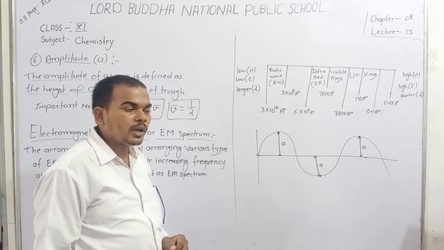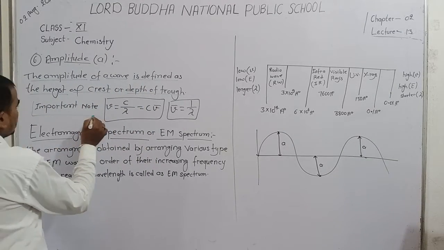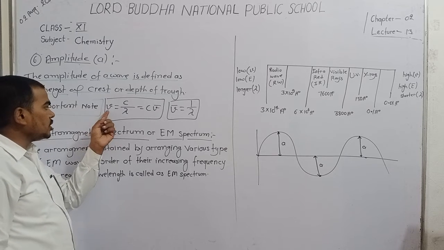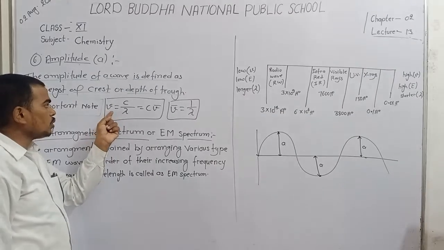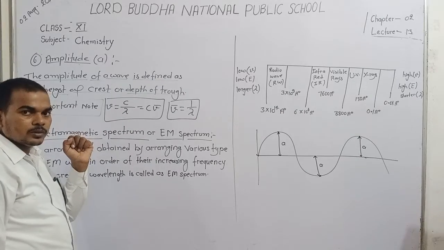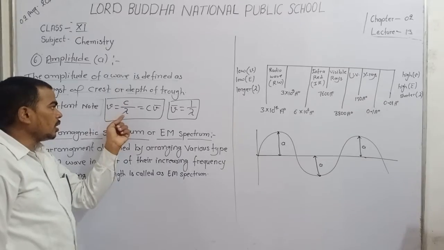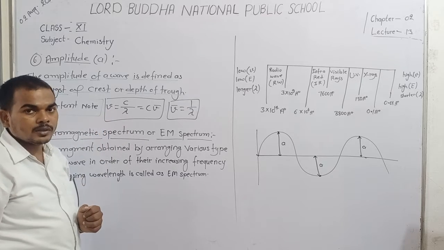Okay, dear student, now let's discuss an important note. You know that frequency is equal to c upon lambda. Frequency, nu, is equal to c upon lambda, where c is velocity, nu is frequency, and lambda is wavelength.